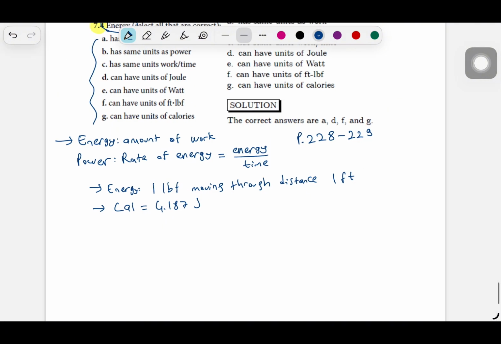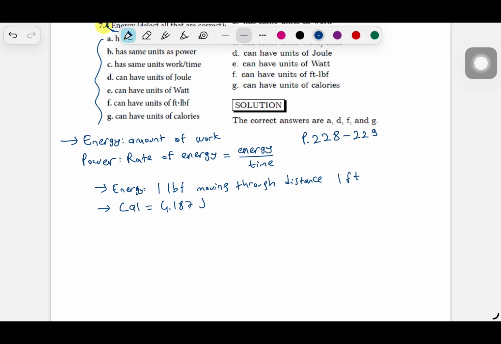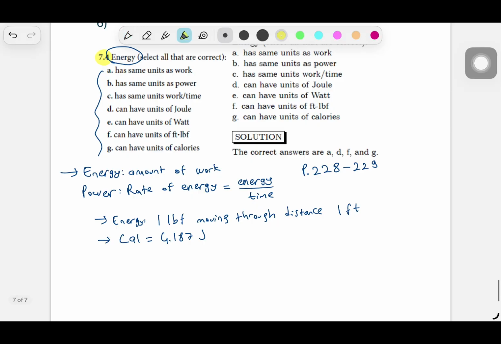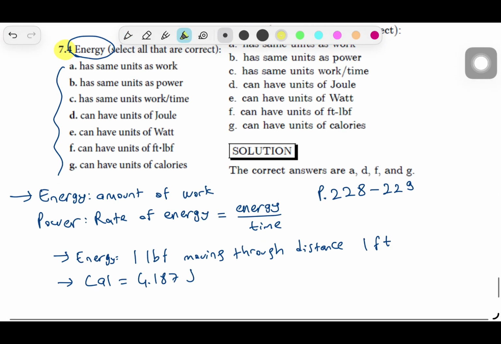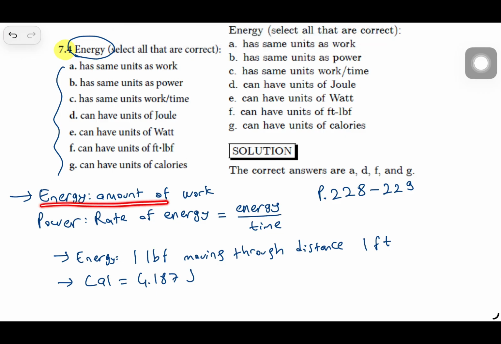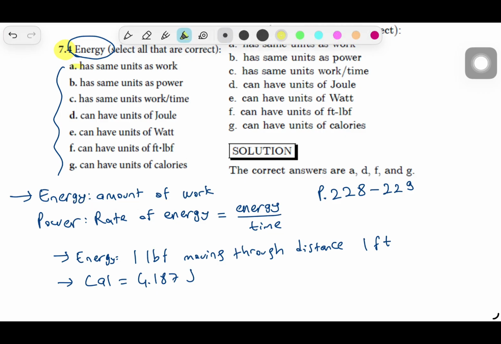So basically, if you look at the options, we said energy is an amount of work, so of course they will have the same units. Power is the rate of energy, which is energy over time, so we don't take this. In C, it says it has the same units, work over time.